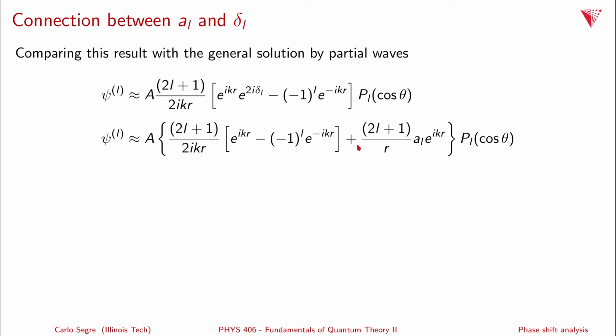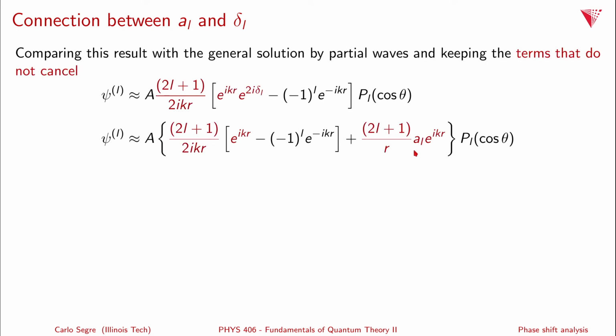So this is the incident wave as expanded by the Rayleigh expansion, and this is the scattered wave with the scattering factor f of theta, which depends on the partial wave amplitudes.